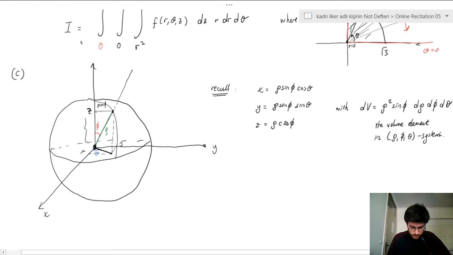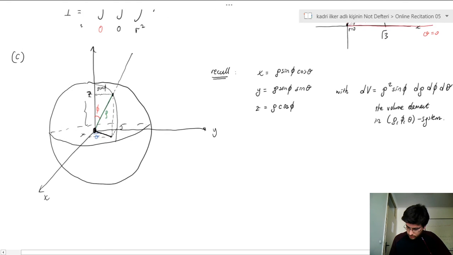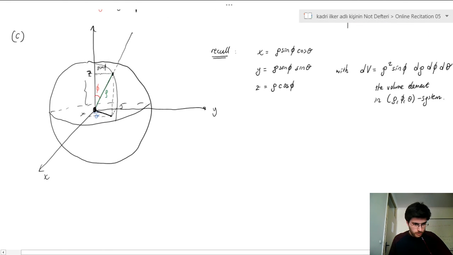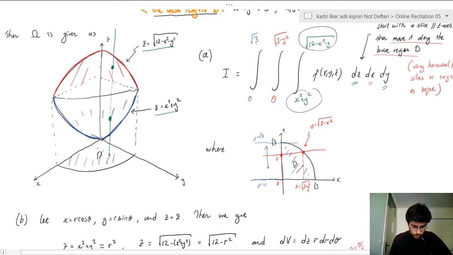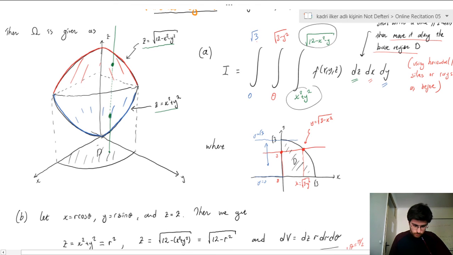Now in our case, in this weird picture, remember, what was it? Maybe I can copy it over here, because we should be a little bit careful.